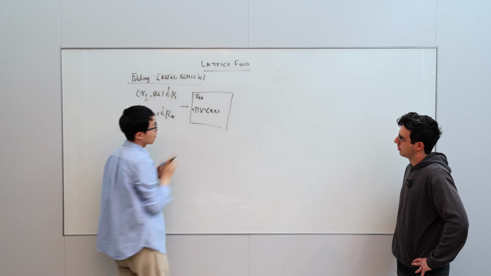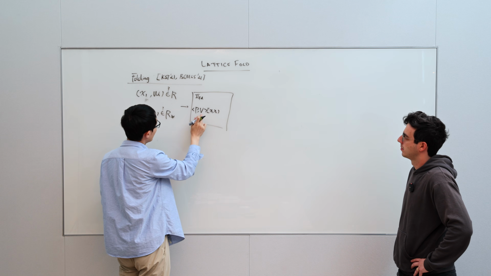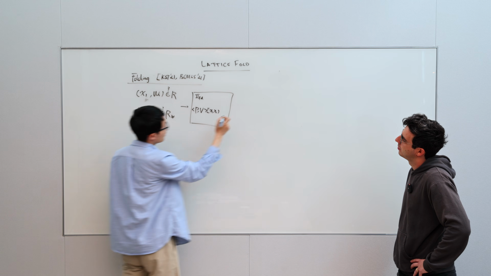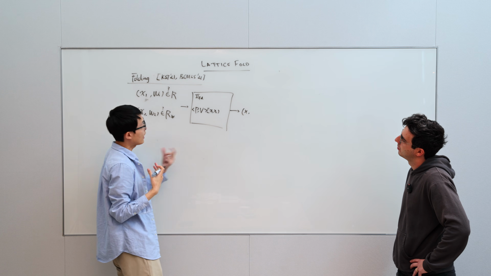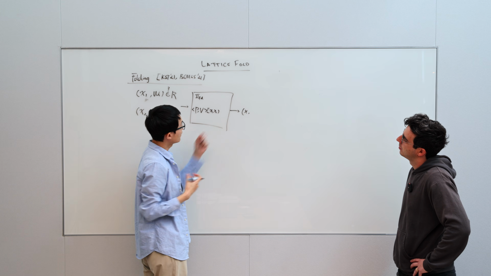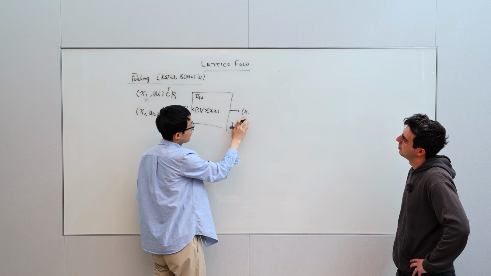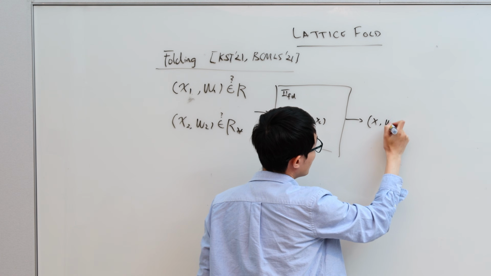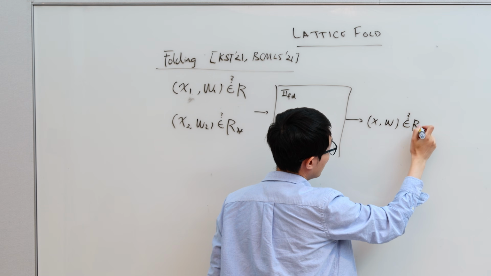At the end of this protocol, if the verifier accepts, the verifier will convert these two instances into a new instance x. At this point, it suffices for the verifier to later check that the prover knows a witness w for this instance x in the relation R star.